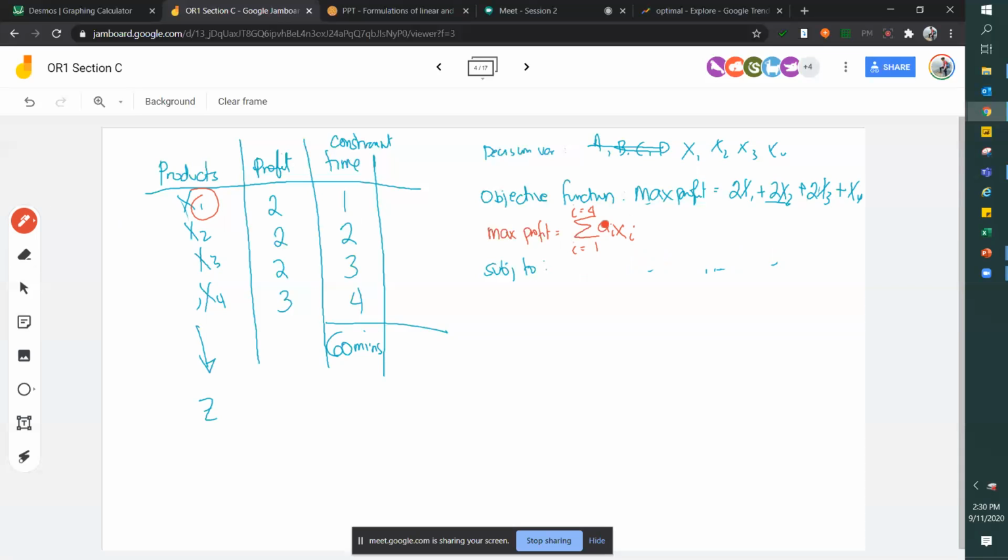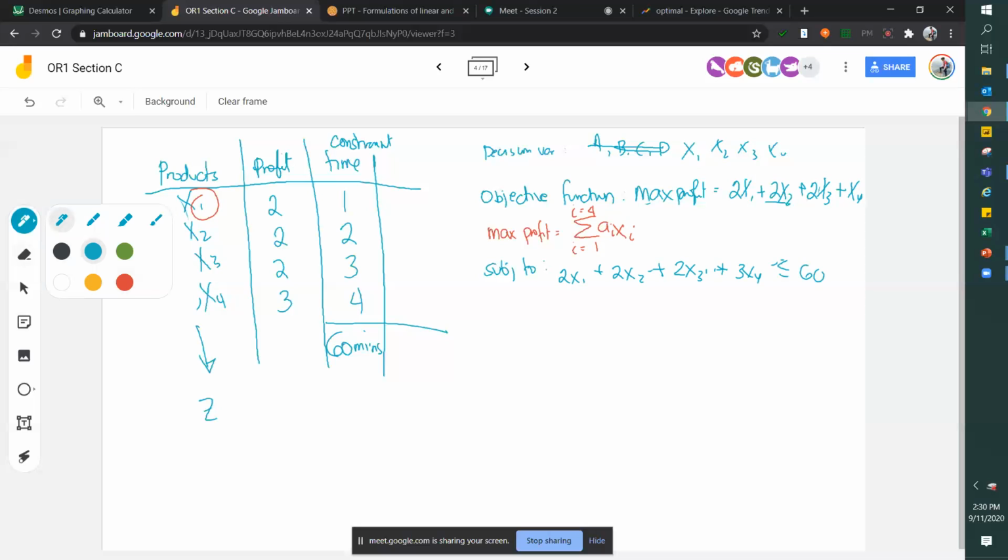Hindi mo na siya kailangang ilagay hanggang yung masyadong mahaba. And similarly, for your constraint, ganun din. Diba ito ay 2x1 plus 2x2 plus 2x3 plus 3x4 less than or equal to 60.